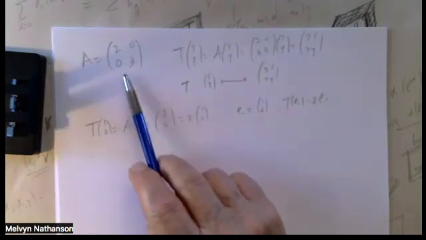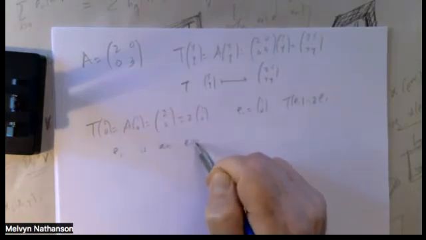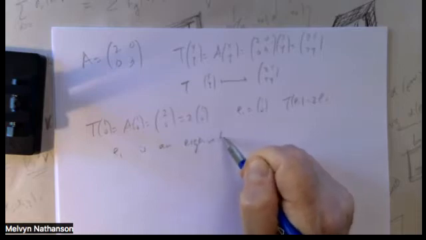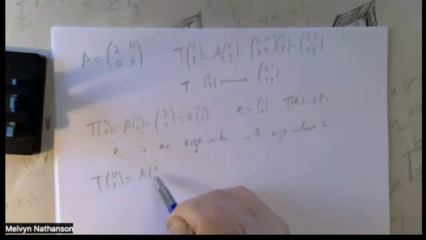So for this matrix or this linear map, E1 is an eigenvector with eigenvalue 2. And T of (0, 1), that's the matrix A times (0, 1).